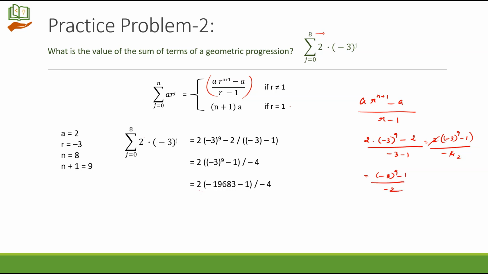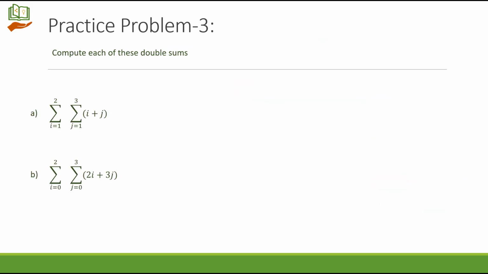The minus is staying as it is. Now what is minus 3 power 9? It is minus 19683 minus 1 divided by minus 2. This will be minus 19684 divided by minus 2. Cancel the minus in the numerator and the denominator. Overall you will have the sum 9842. Next problem. Compute each of these double sums.